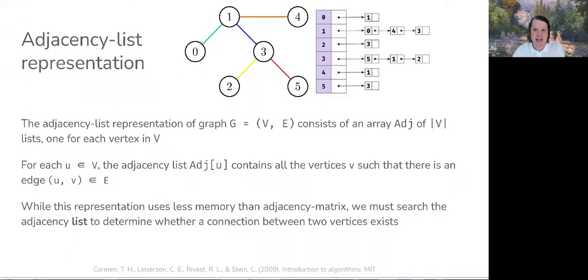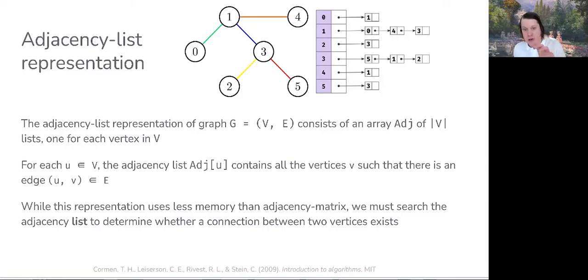So let me continue on here. I know I almost neglected this slide last time. We won't do so this time. So the adjacency list representation of some graph G with a set of vertices and a set of edges consists of an array of size number of vertices, of pointers to some sort of linked list data structure.